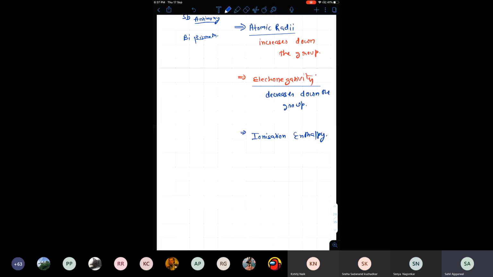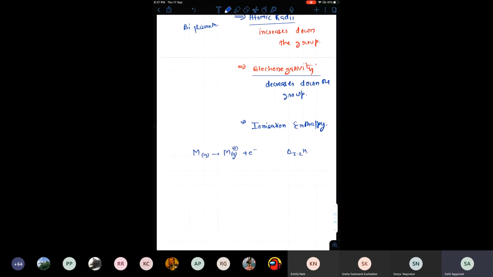Ionization enthalpy is the amount of energy required to remove an electron from an isolated gaseous atom. It decreases down the group.